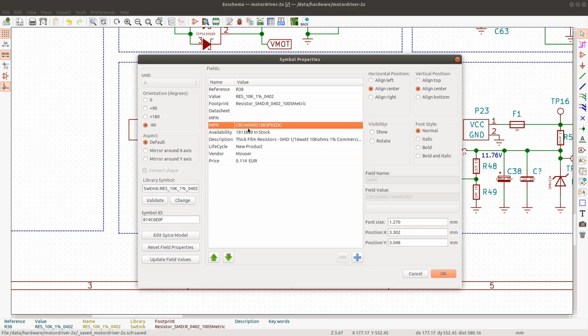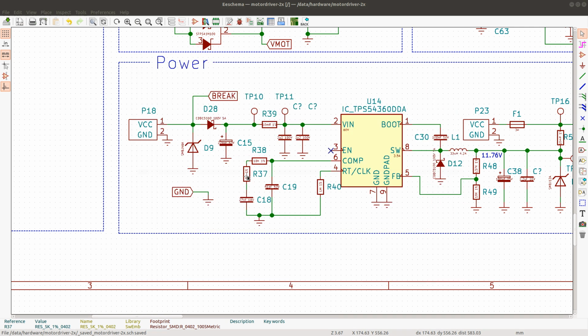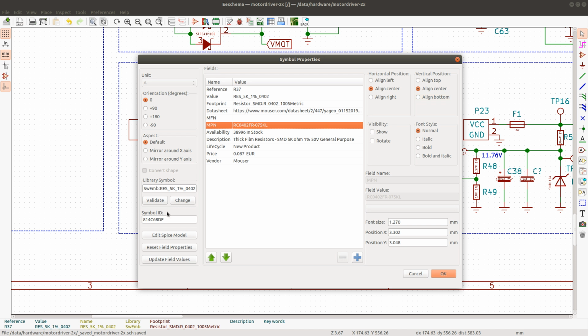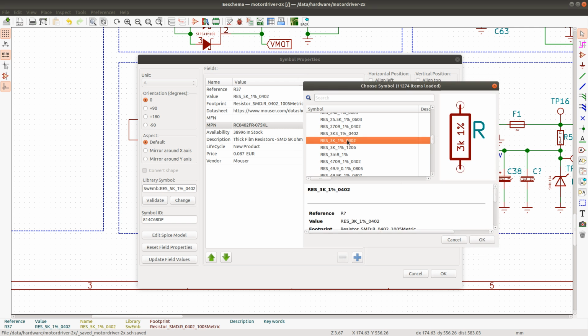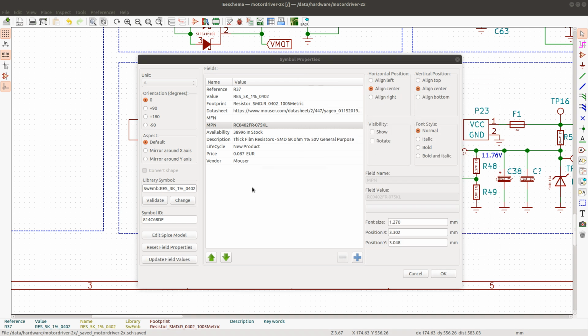So we could set one of them to 10K and the other one to maybe 3K. If I have anything that's 12K, I've got 24K, I've got 3K. Yeah, so I'll just use 3K.